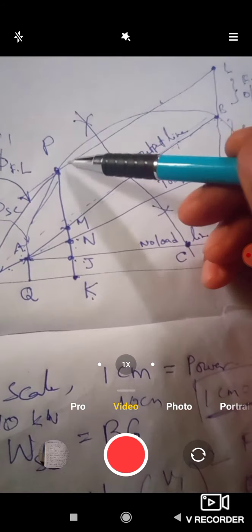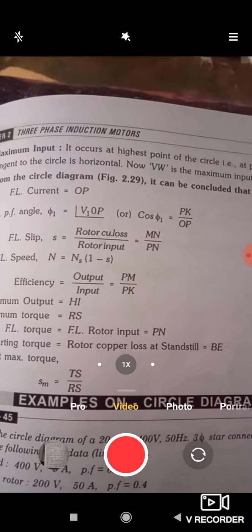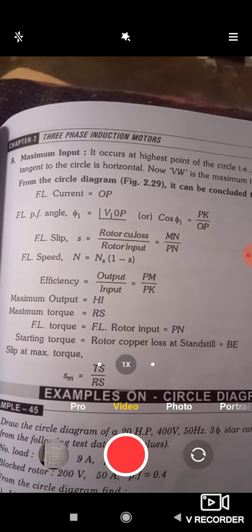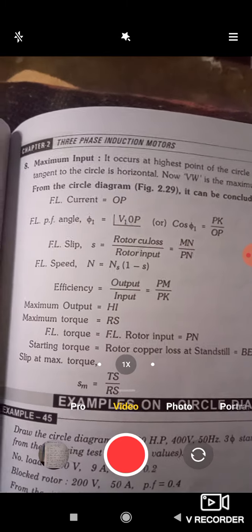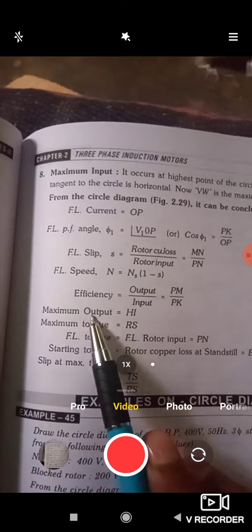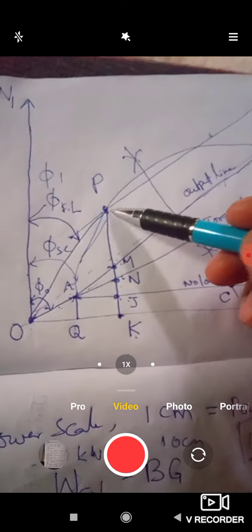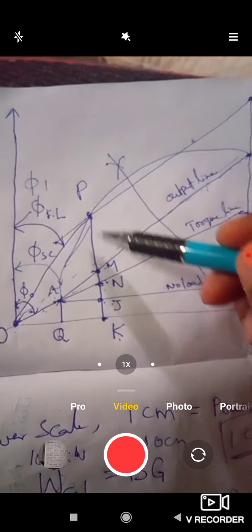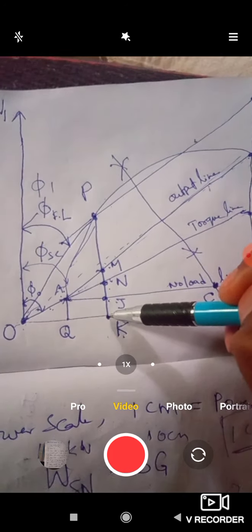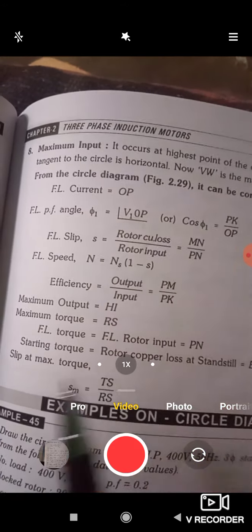Therefore slip equals MN by PN, and speed N equals Ns into (1 minus S). So if you know the slip, you can find the speed. And efficiency is output by input. PM is the output and PK is the input. Therefore efficiency is PM by PK.